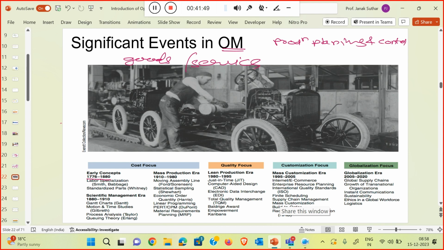Why do you always get a standard size of nut and bolt in the market, a standard size of laptop, even the pen size and the credit card are standard. This concept was given in the era of 1776 to 1880. The first is standardization, but why is it required? Can anyone answer?